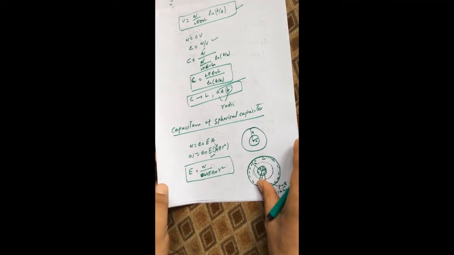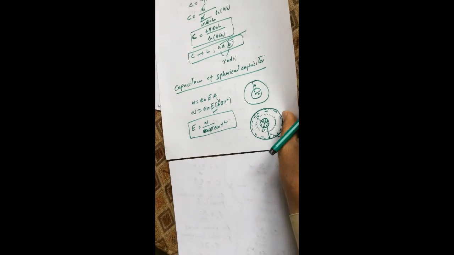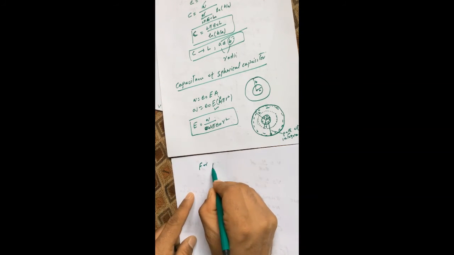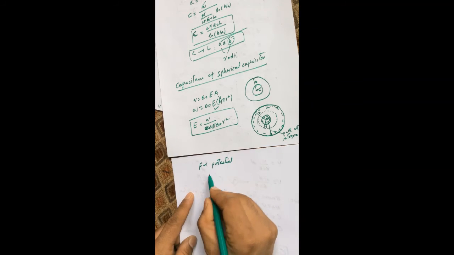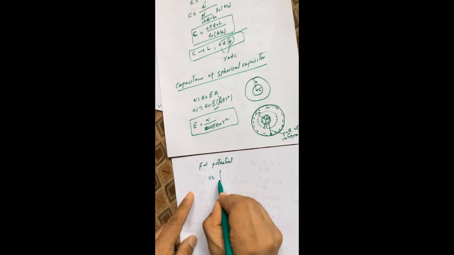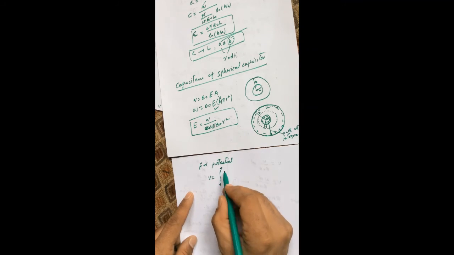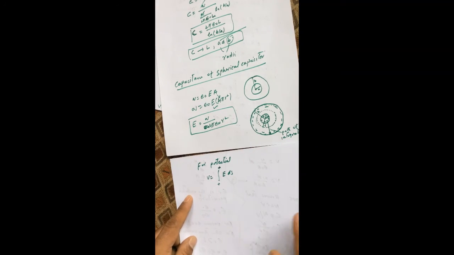Now to calculate the potential, we use this relation. For potential, we use V is equal to the integral from positive surface to negative surface of E ds or dr, both are the same.